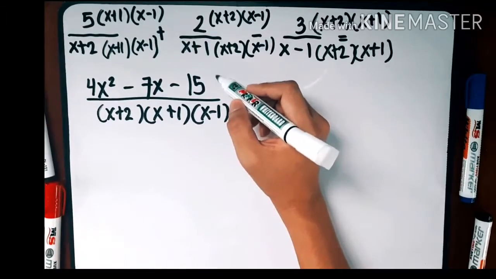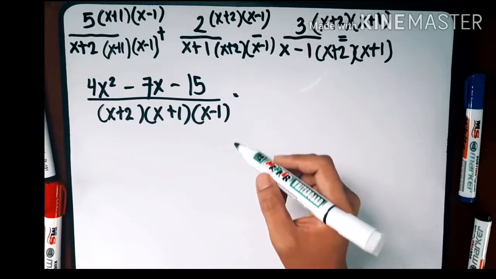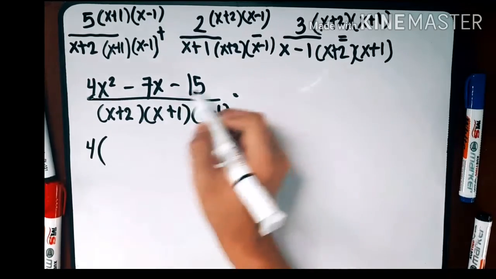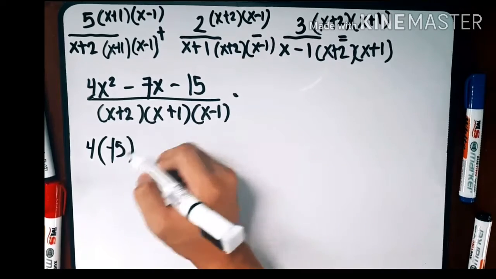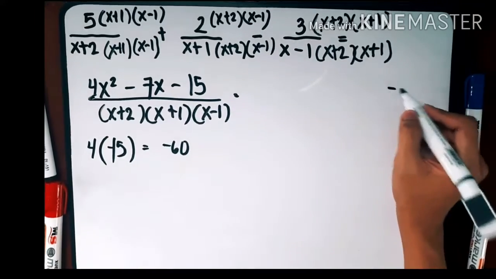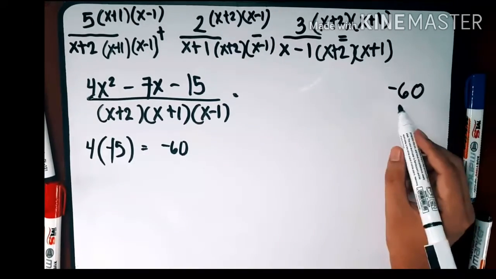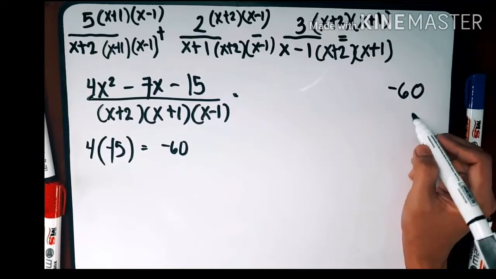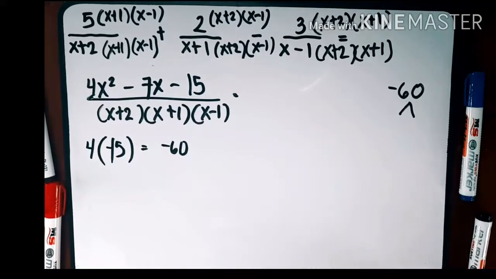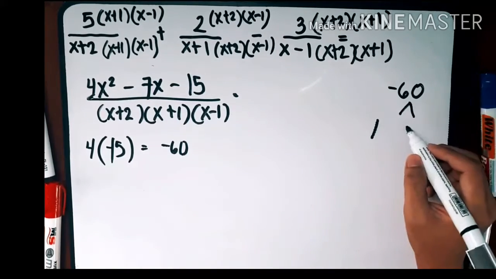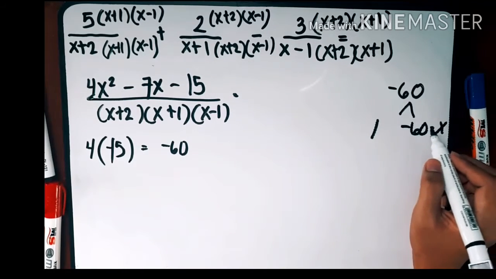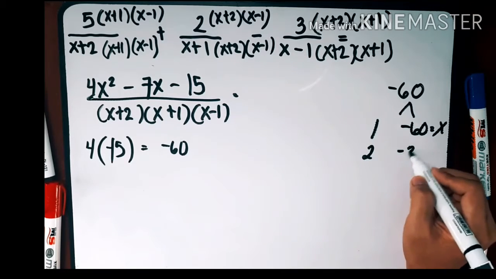Itong nasa numerator, pwede pa natin siyang i-factor. Okay? So, since may coefficient tayo dito, multiply lang muna natin. 4 multiplied by negative 15 is negative 60. So, we have to think two numbers that has a product of negative 60 but has a sum of negative 7. So, 1 and negative 60, hindi siya pwede. How about 2 and negative 30?